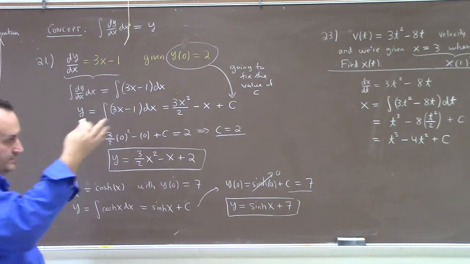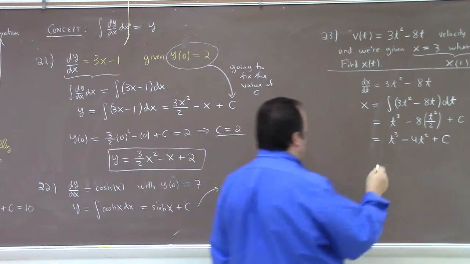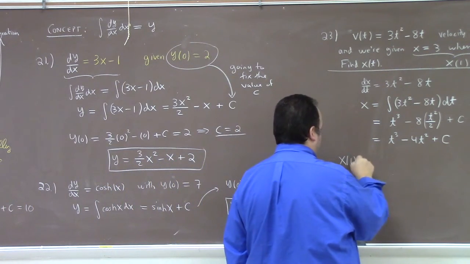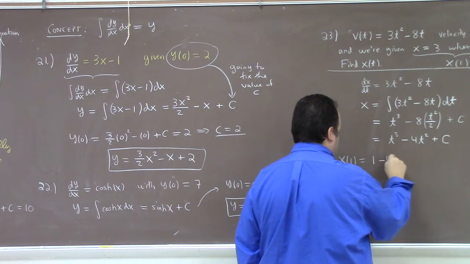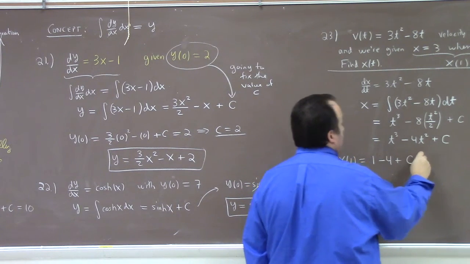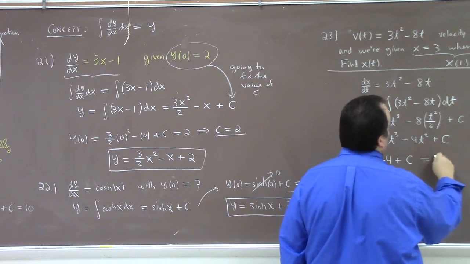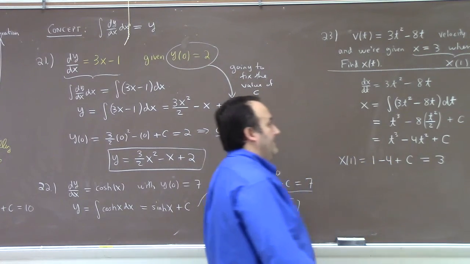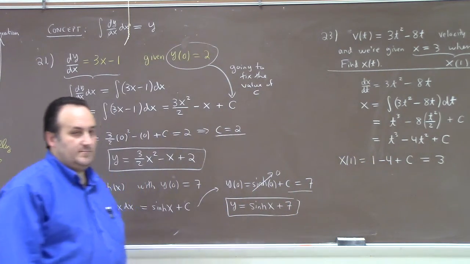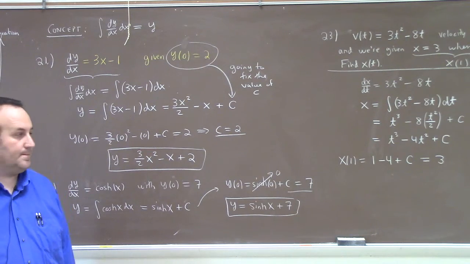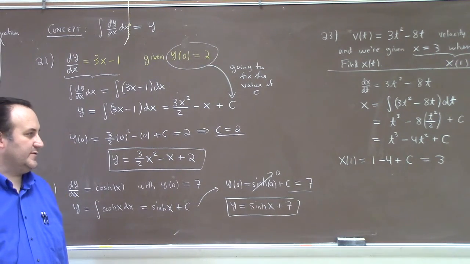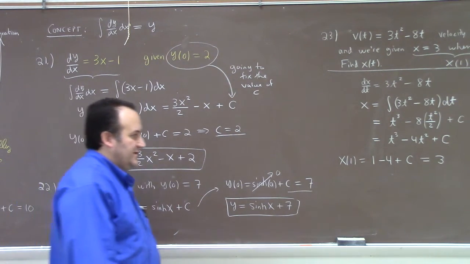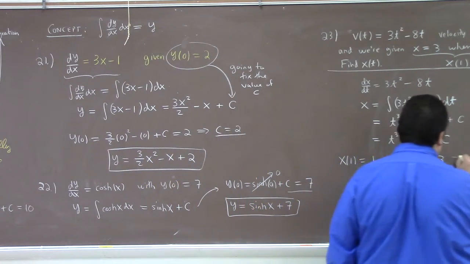And we know that when t equals 1, x of 1, which is 1 minus 4 plus c, well, that's equal to 3, right? That's the given initial data. So what's minus 1? So c equals what? Solve for c.